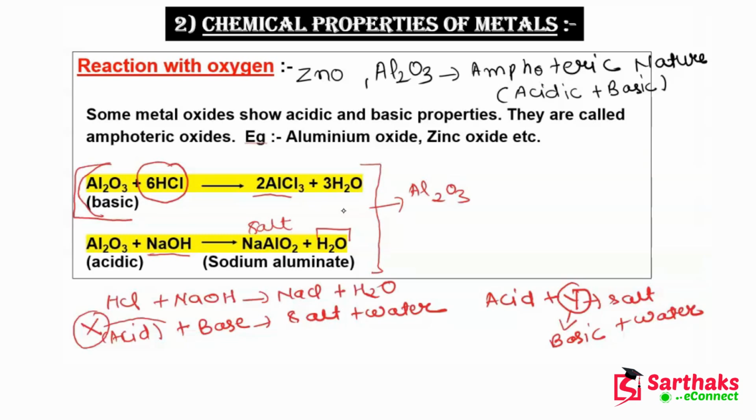It will show basic behavior when it is reacting with a strong acid. And when does it show the acidic behavior? It will show acidic behavior when it reacts with a base or a strong base. So I hope guys this basic thing is clear to you. So these are the chemical properties of metals.